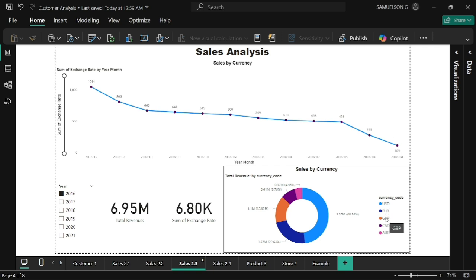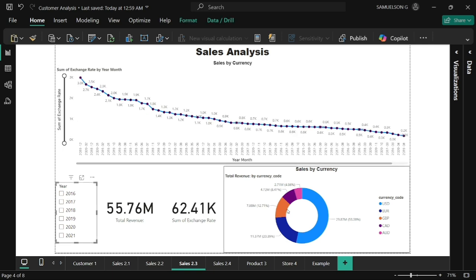GBP means Great British pounds, and CAD means Canadian dollars, and there are Australian dollars. There are so many varieties of currencies, and we are going to compare. There are so many different values. If we compare Indian rupees and US dollars, 70 to 80 rupees means $1 in US. That means how much difference it is. Exchange rate is also different.